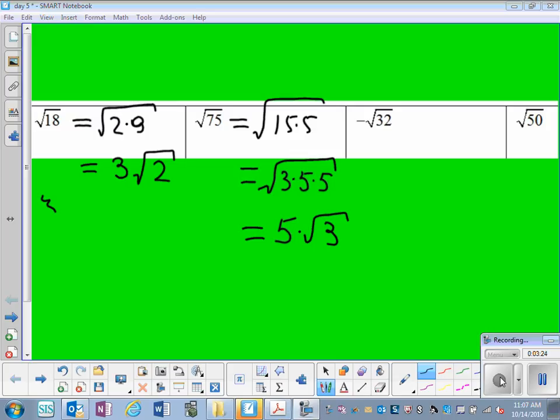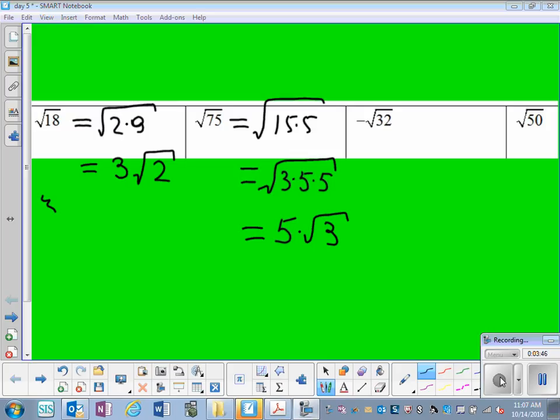So 75 divided by 3 is 25. Now, what is the smallest number that is a factor of 25? 5. 25 divided by 5 is just 5. And then what is the smallest number that I can divide 5 by? 5. And what's left is 1. This is where we stop.